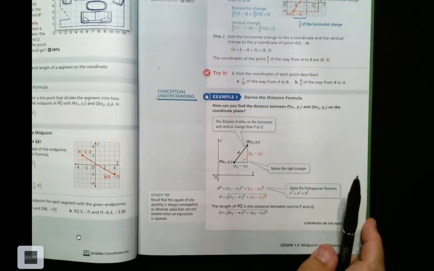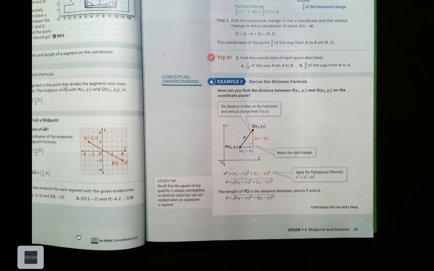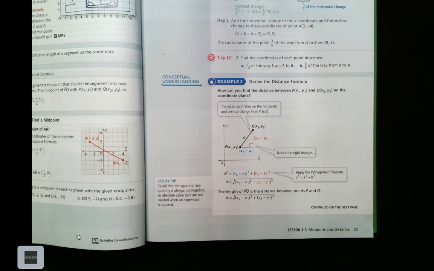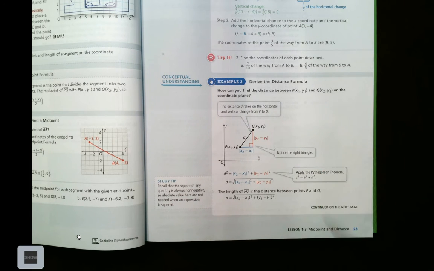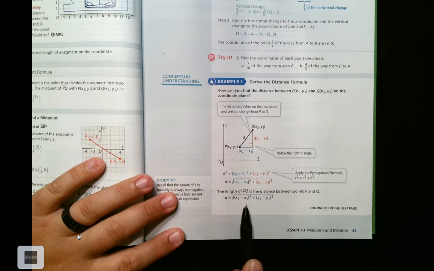Example 3, derive the distance formula. And again, this should all look familiar to you. We haven't specifically talked about this, but you've been introduced to this in the past. Distance formula is just kind of saying what is the distance from point A to point B. You could just plug it into this formula. And we already talked about how to read x sub 2, x sub 1, y sub 2, y sub 1.